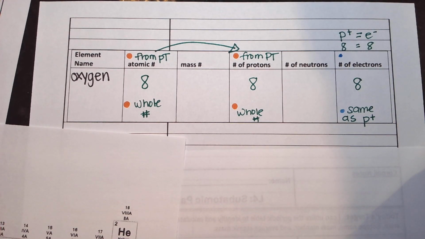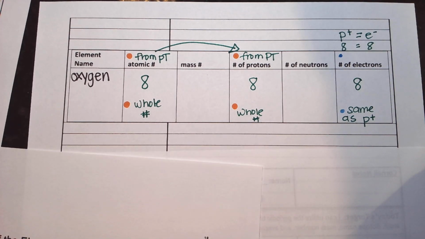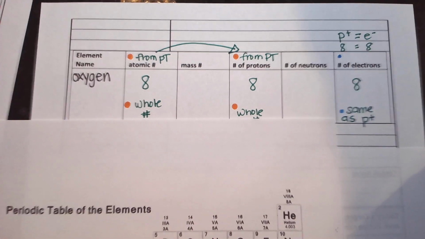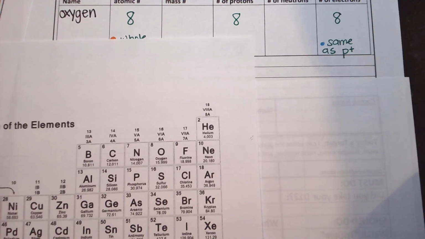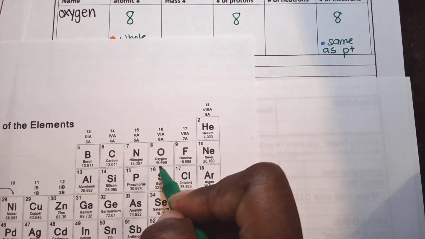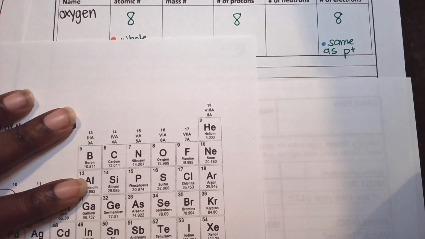All right, my mass number. Since it just says oxygen, that means most oxygen, right? So I'm going to look at the periodic table. I'm going to look for the average atomic mass. The average atomic mass is the decimal number, okay?